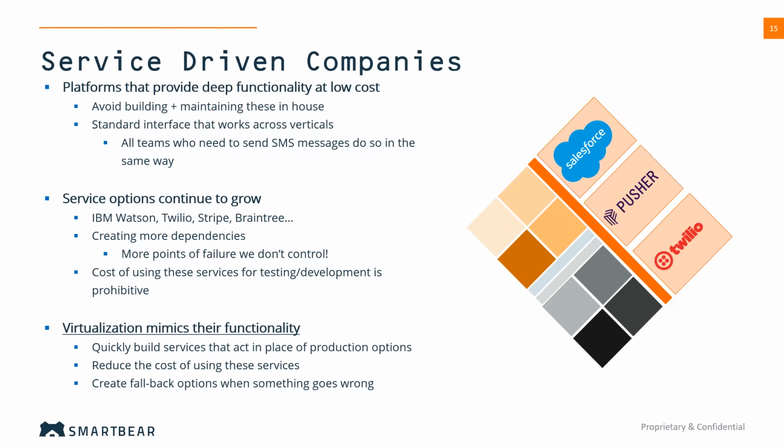The one that's not on here that I think is really interesting is the idea that we can control state with a virtual environment. Because we have created it, we own it. We're going to be able to essentially force it into a certain state if we need it to. So maybe there's a certain point where we actually need something like Twilio to become non-responsive in order to make sure our client applications are working correctly.